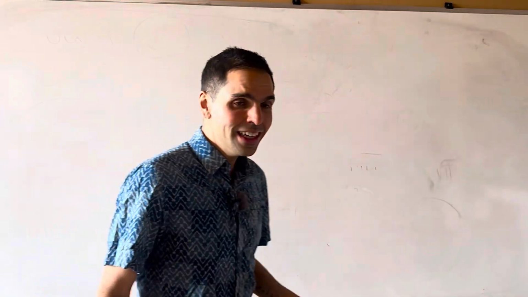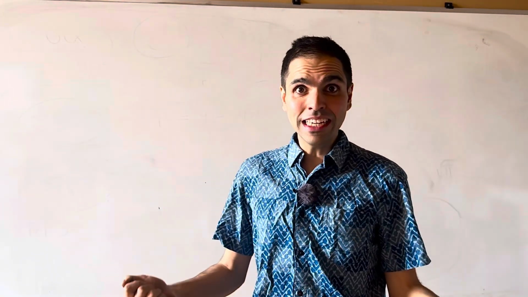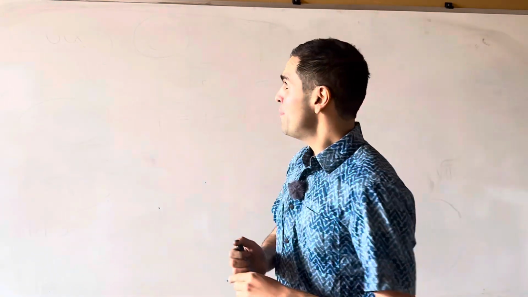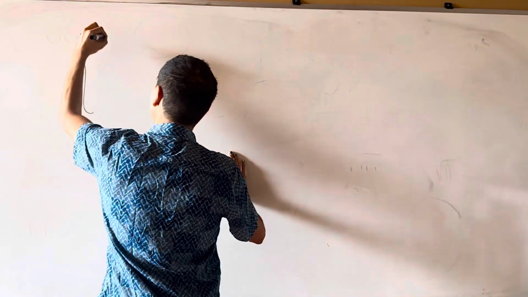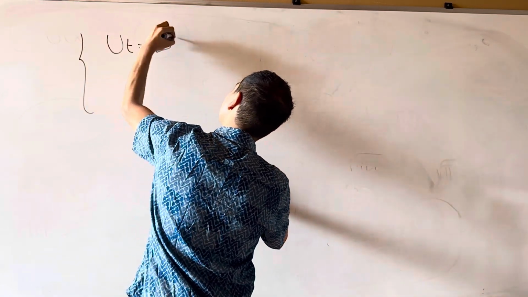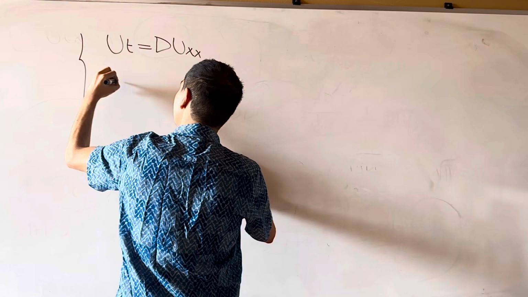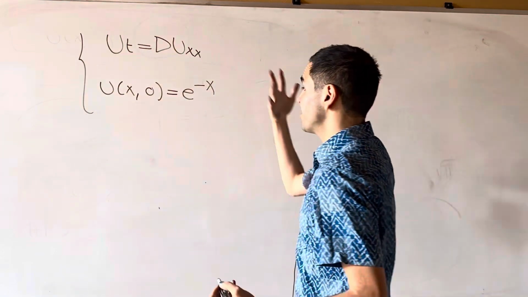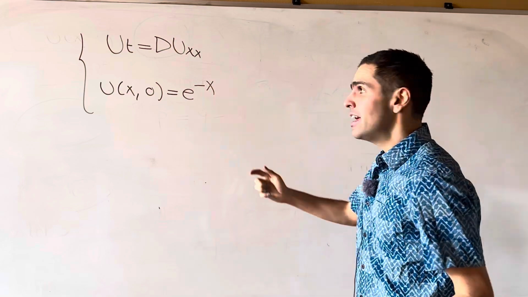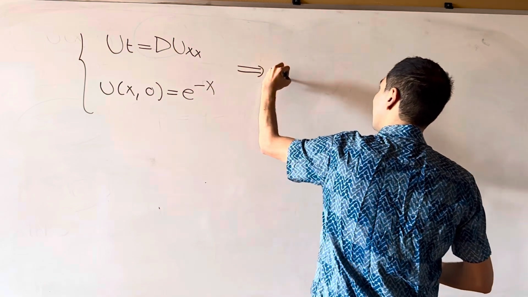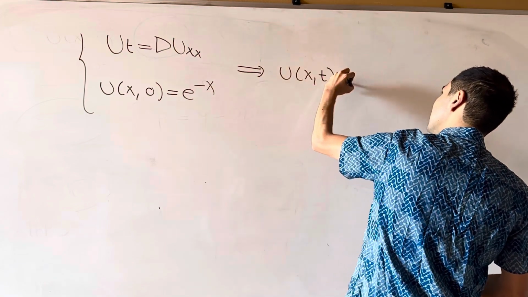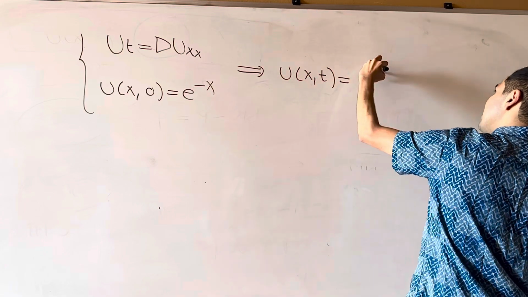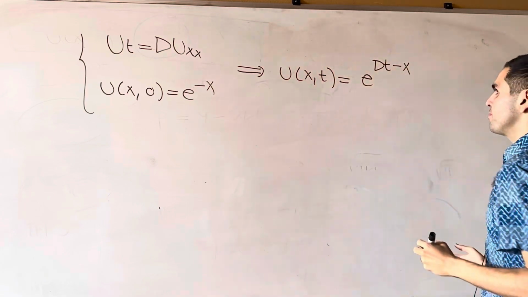And you see, the math powers that be want us to be happy because we started with the PDE u_t = d u_xx with initial condition e^(-x). We had some very nasty formulas, and we ultimately found that u(x,t) is actually very easy. It's e^(dt - x).